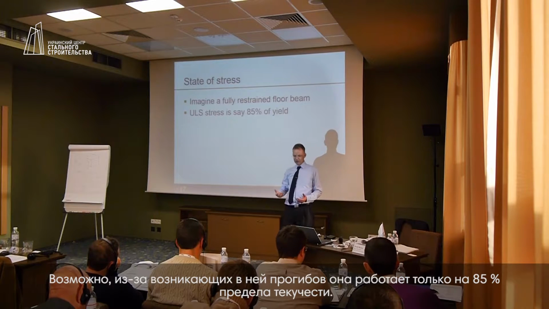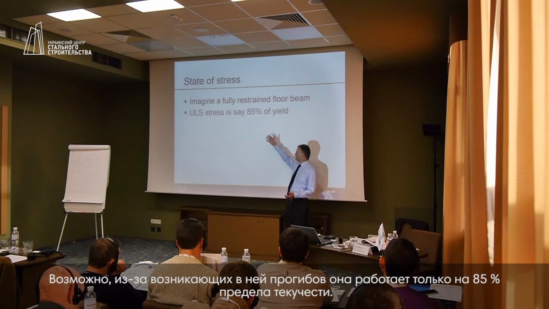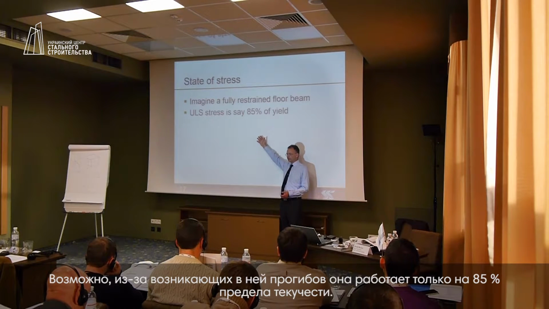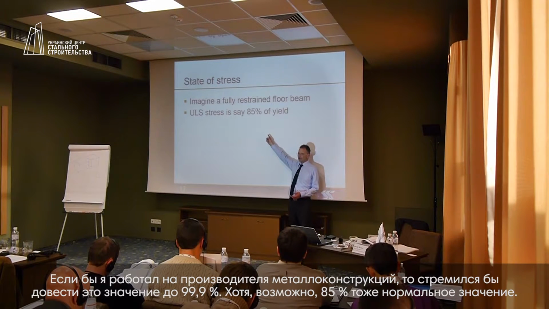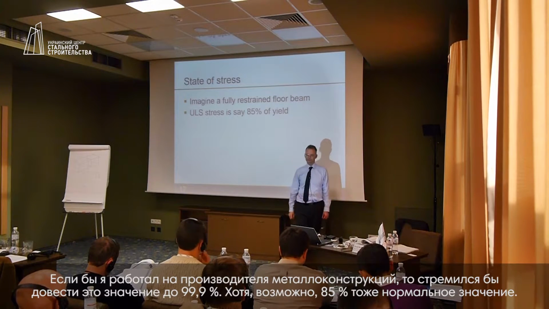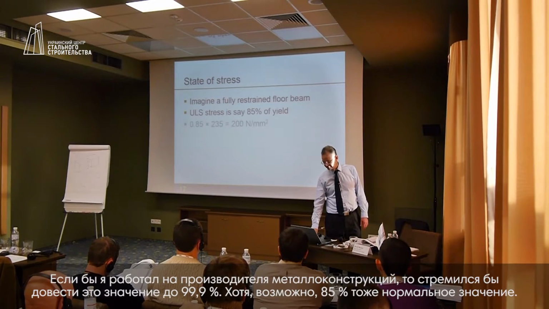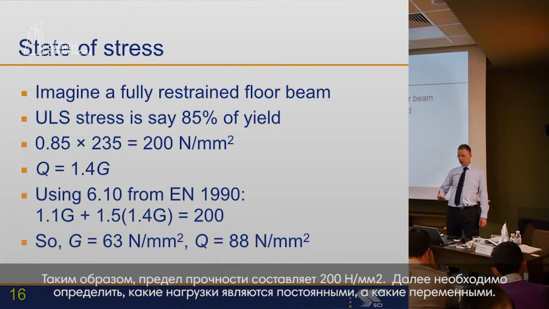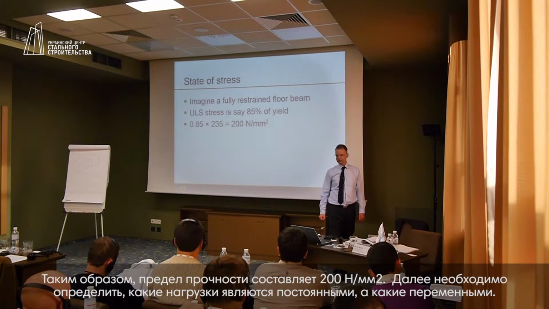Perhaps it has been governed by deflection, and that's why it's only working at 85% of yield. If I was working for a steelwork fabricator, I would like it to work at 99.9% of yield. But maybe 85% is okay. So the ultimate stress might be 200 newtons per square millimetre.